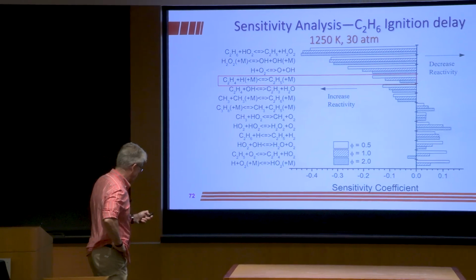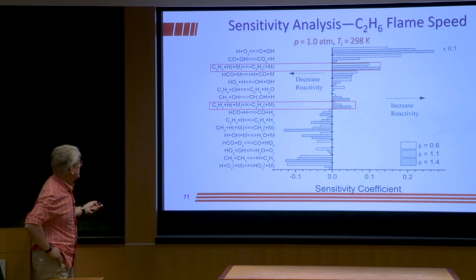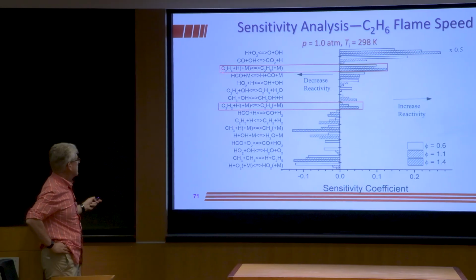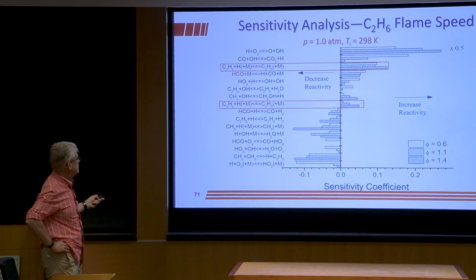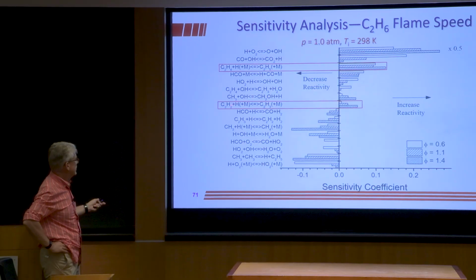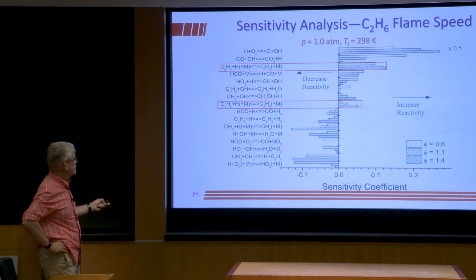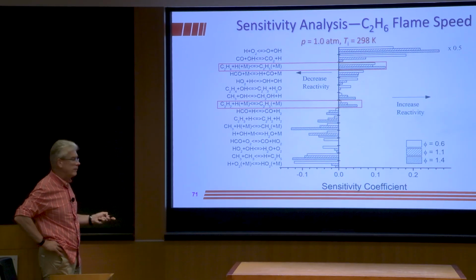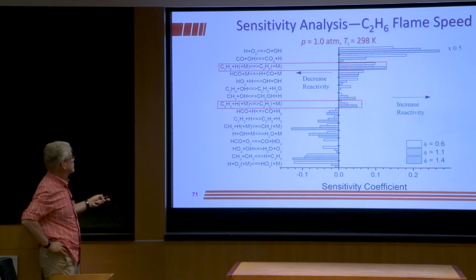There's other reactions here. We have ethylene plus H giving ethyl radical, and acetylene plus H giving vinyl radicals. Okay, so these are also important to ethane flame speed and other flame speeds as well, right?